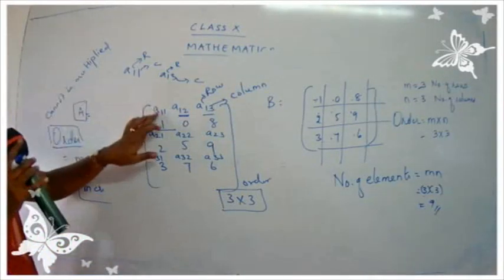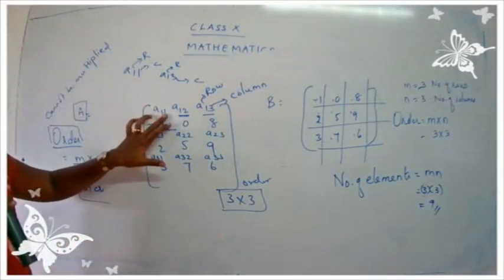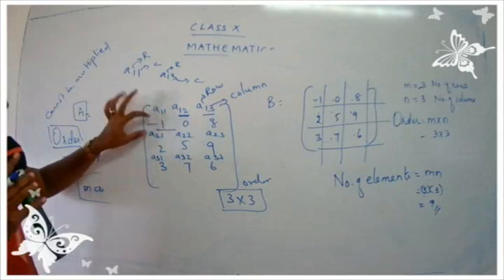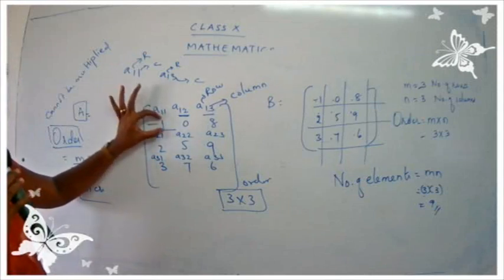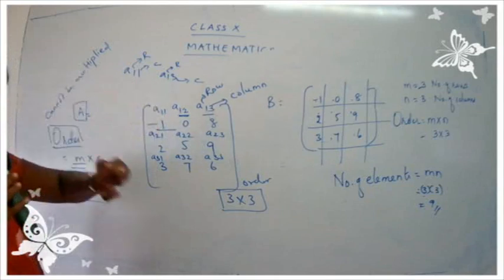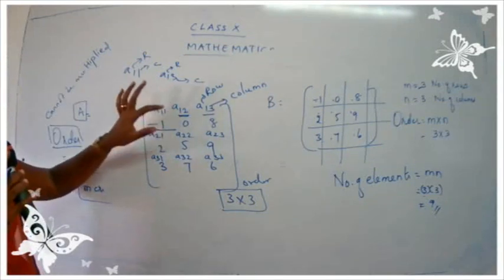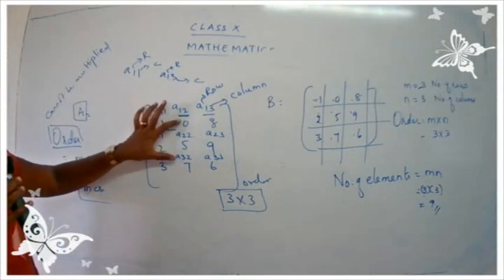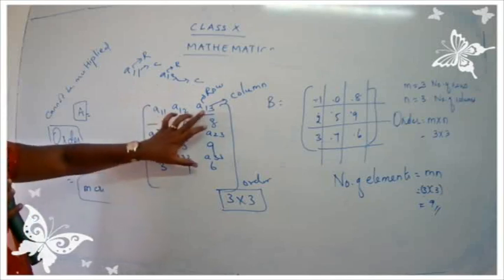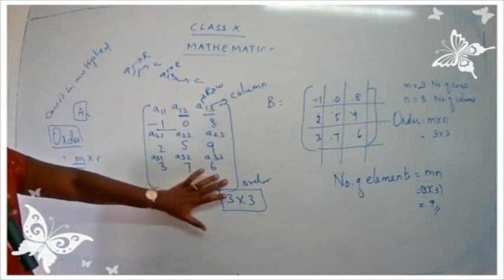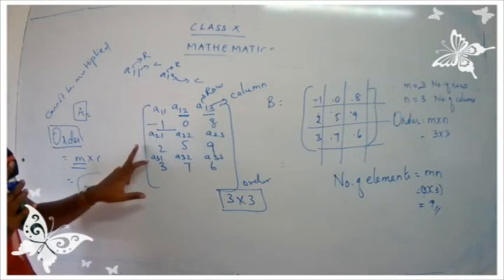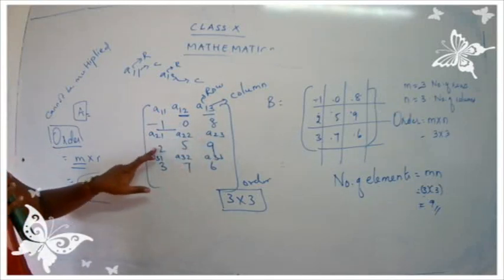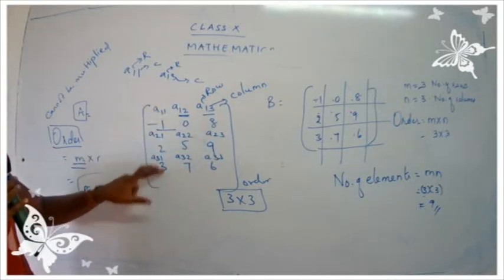So what is the first element? A11. What do you mean by 11? First row, first column. 1, 2, first row, second column. First row, third column. 2, 1 means we are coming to the second row. Second row, first column.